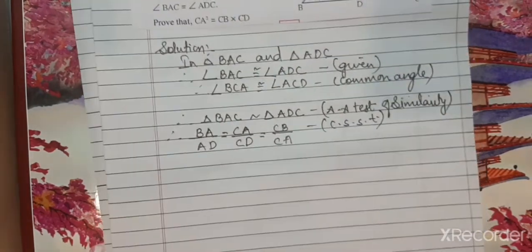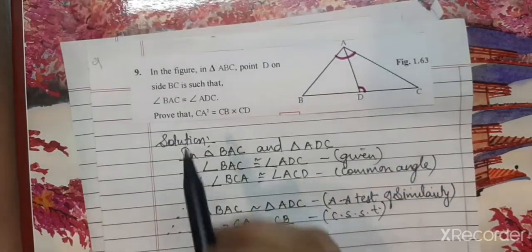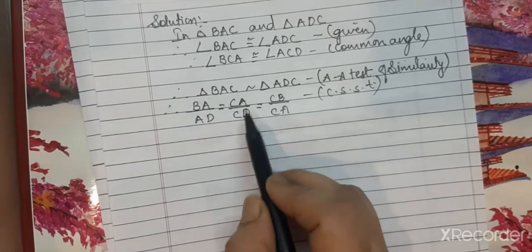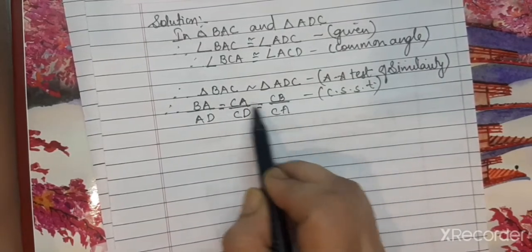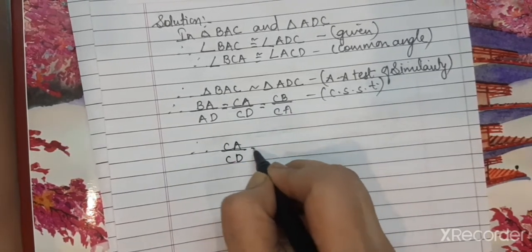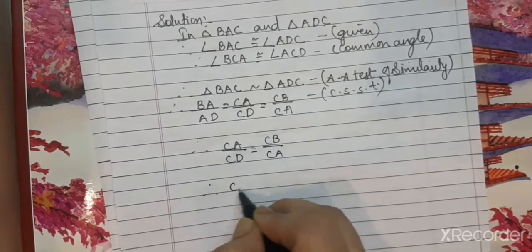CSST, corresponding sides of similar triangles. Now, which two will you take here? Come back here. You want CA square. So, when will you get CA square? When you take the second and the third, CA into CA. So, you will take the second and the third only. Cross multiply.